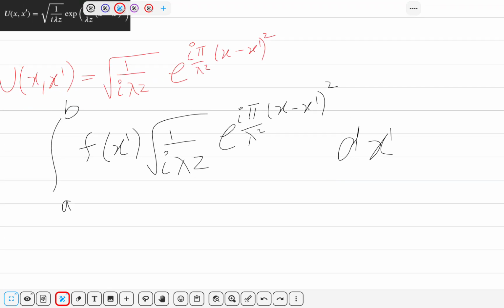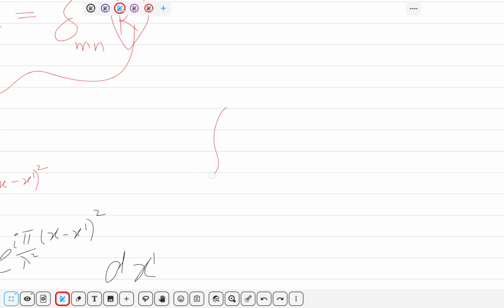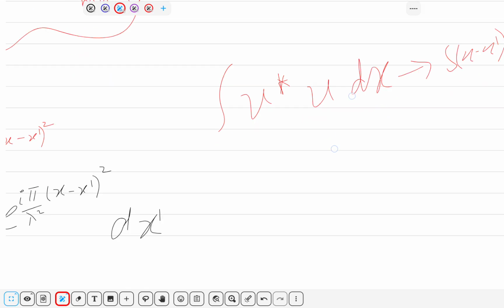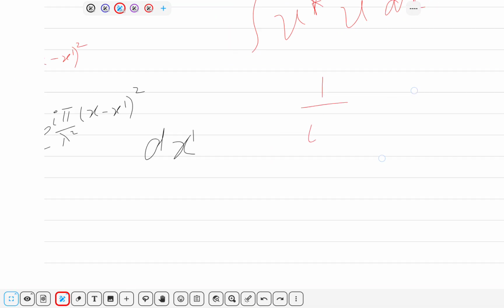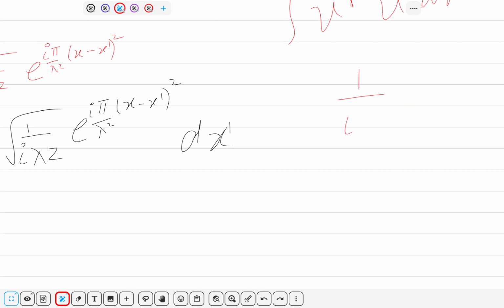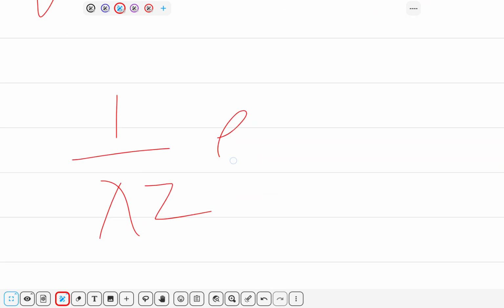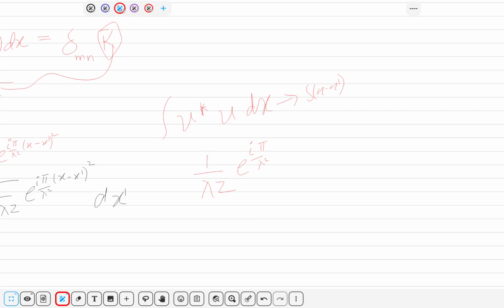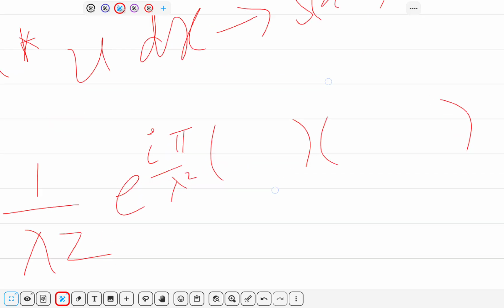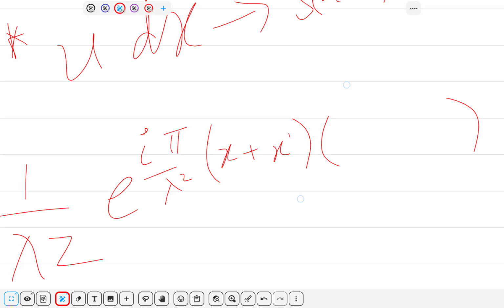So if you do that, let me just check. u star u dx, that should give me delta of x minus x prime. Will I get that? 1 minus lambda z, e power i pi by lambda z. It will be x plus x prime.